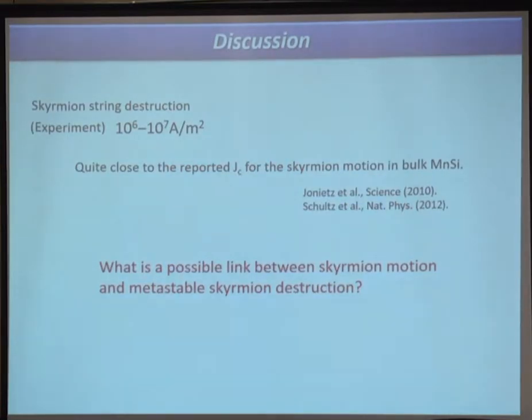On the other hand, we have noticed that our critical current density for the Skyrmion destruction is quite close to the reported critical current density for Skyrmion motion in this system. So a natural question arising here is: what is the possible link between Skyrmion motion and metastable Skyrmion destruction?